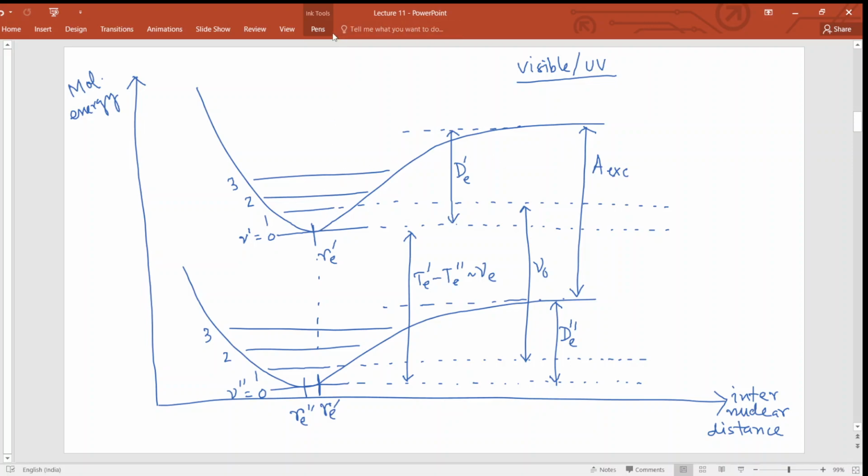Each of these curves has a minimum. This is the position of the minimum of these energy curves, and a state is more likely to occur at this position in the ground state. This is anharmonic, which is why the left and right sides of the curve are not exactly symmetric around Re or Re prime.